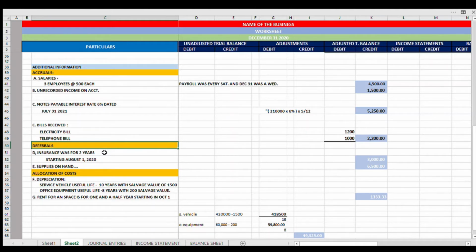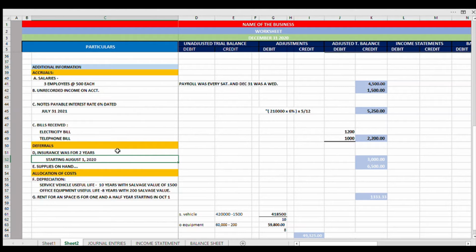So it's either case, either case, deferrals. Because there are two deferrals of expense and deferrals of income. So, based on the information, sabi, ang insurance paid was for 2 years starting August 1.